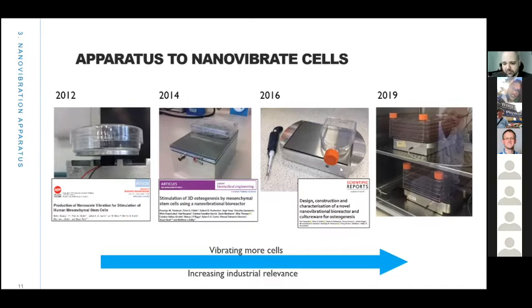And this allows us to go from vibrating a few thousand cells up to tens of millions, the focus being on delivering enough cells for clinical use. So you can see over the past 9 or so years how we've sequentially been upgrading the devices we're using, moving towards something a bit more industrially relevant.